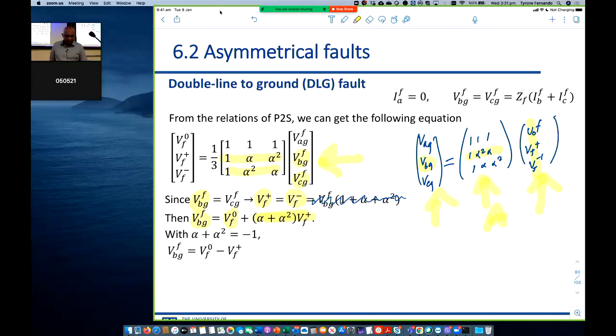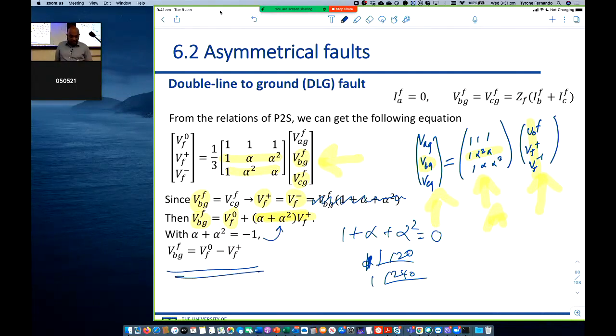And we know that alpha plus alpha squared must equal minus 1, because alpha is 1 angle 120 and alpha squared is 1 angle 240. So we have the relationship alpha plus alpha squared equals -1. If you substitute that in, then we have this expression: VBGF must equal the zero sequence voltage minus the positive sequence voltage.